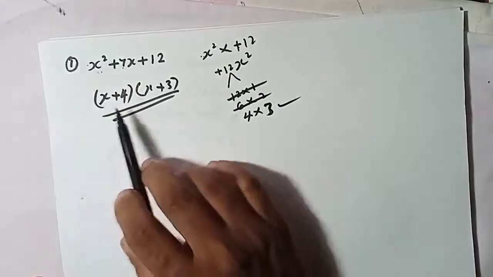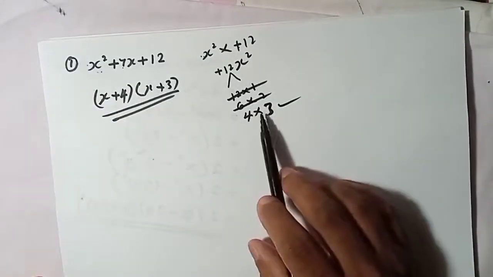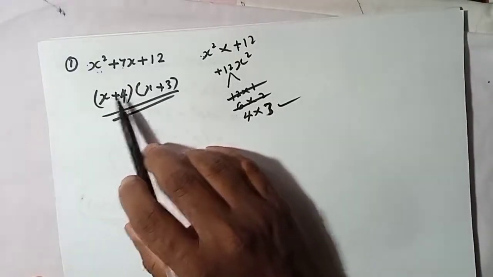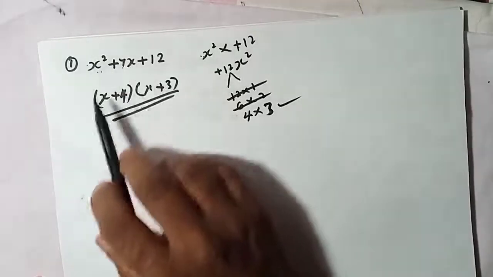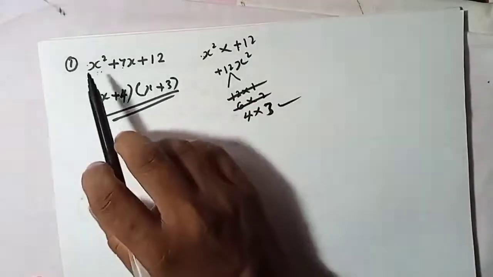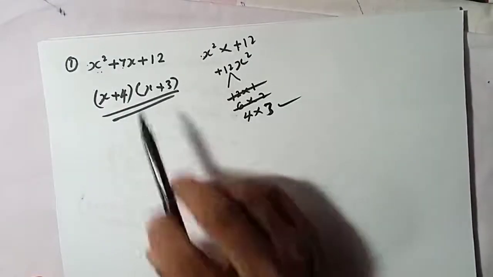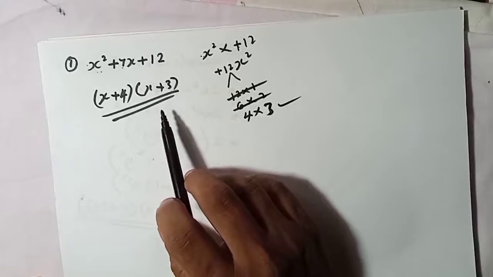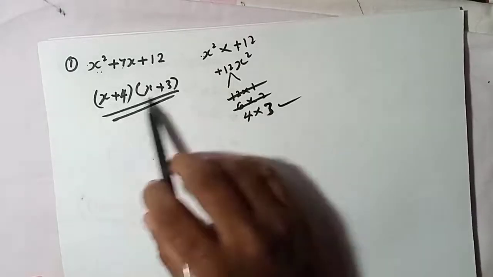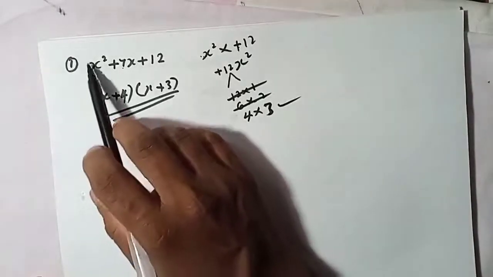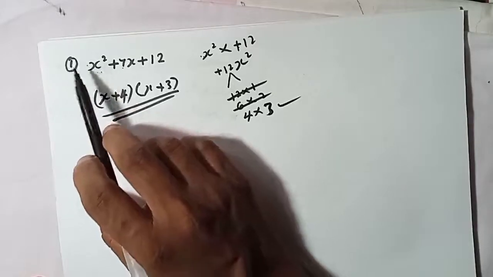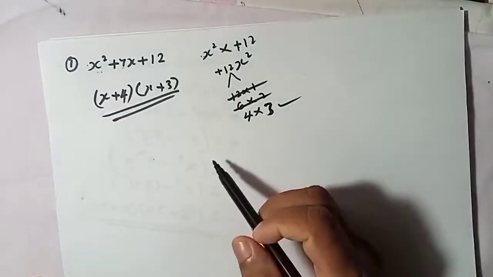In that type of situation this works, you can write the two numbers you chose directly within the bracket with x, and that's the answer. But if you have something different here, you can't follow this directly. So you need to learn how to get these two answers when we have something different. So I will teach you that also, right?